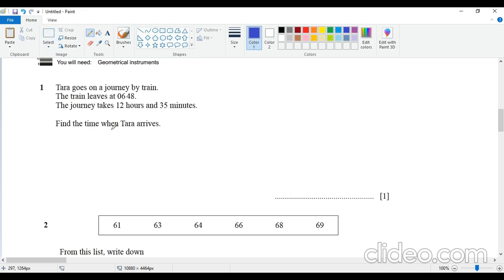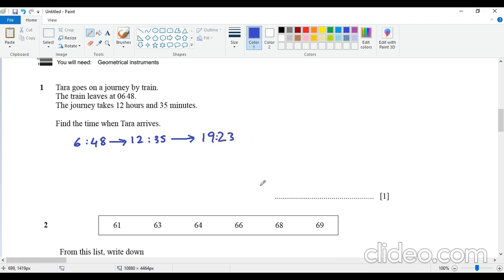So the train leaving at 6:48, and additionally 12 hours and 35 minutes, is going to end at 19 hours and 23 minutes.